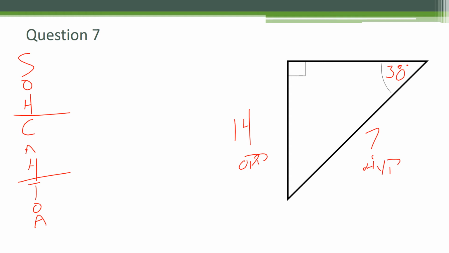Which trig function has opposite and hypotenuse? Sine. So it's going to be sine of 38 is equal to our opposite side, 14, over our hypotenuse. We don't know what that is. To figure out this one, I would go 14 divided by 38 sine. Whoops, I think I said cos. I meant sine, 38 sine. And you should get 22.7.